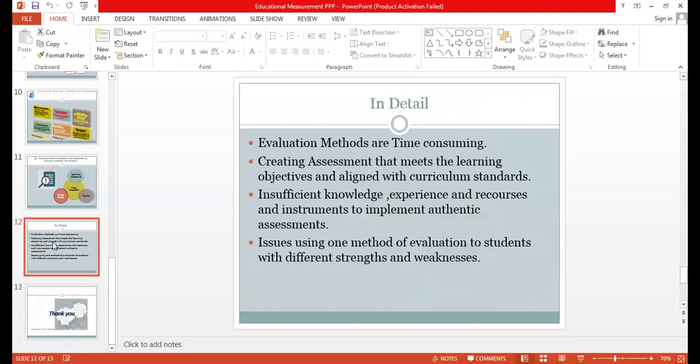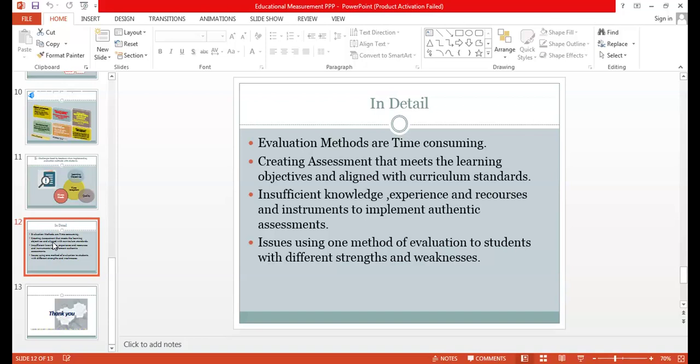Some evaluation methods can be time consuming, regardless of our Sri Lankan curriculum, and the large number of students cannot be evaluated with the same test inside the same timing.